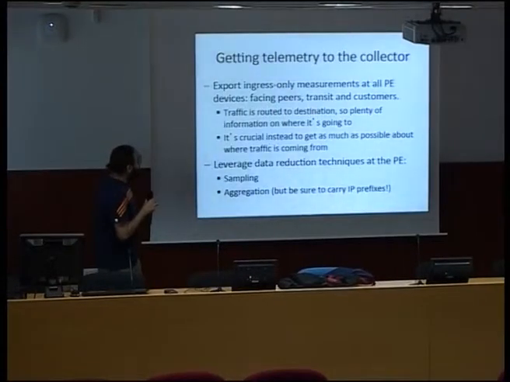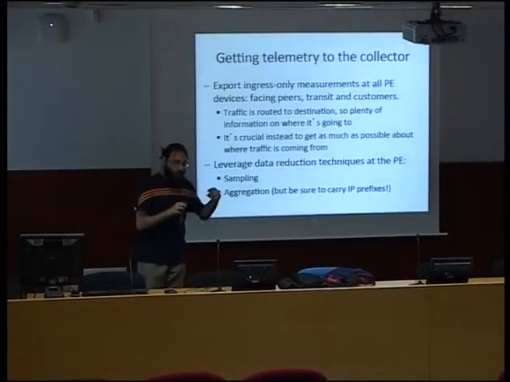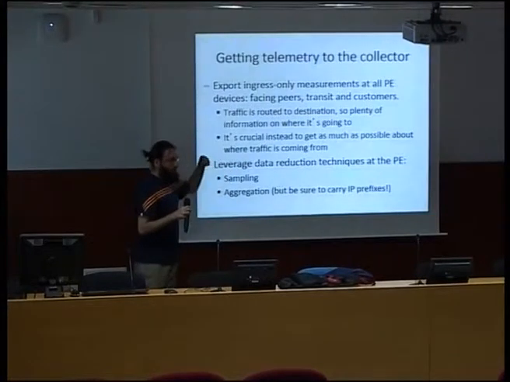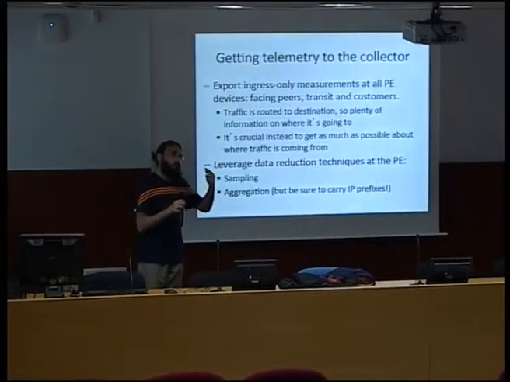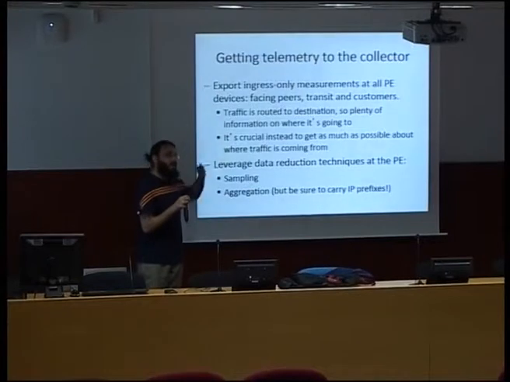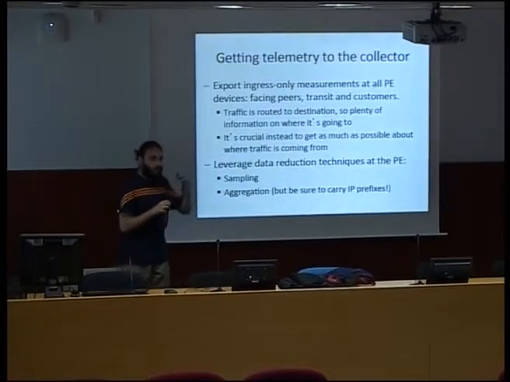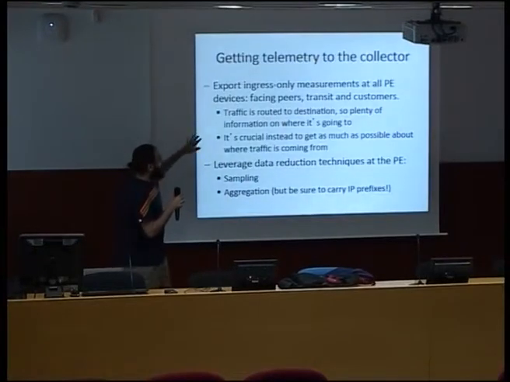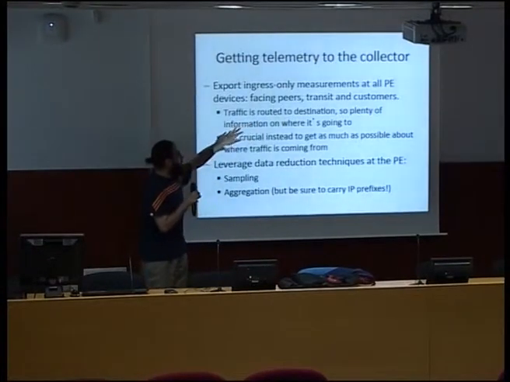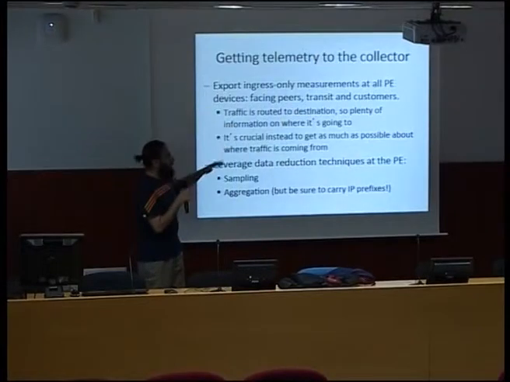But so the recommended way to do that is ingress, at the ingress point. So let's say at the edge interface, ingress facing the P router, and of course on the interfaces that face peers, transit, and customers.